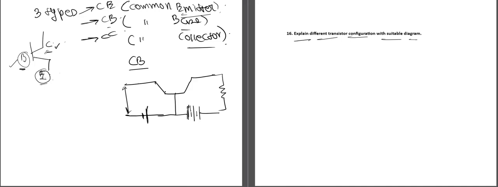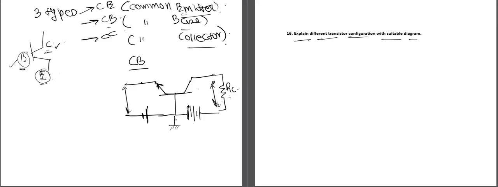So this is the CB mode of configuration. This is the base terminal, this will be the emitter terminal, and this is the collector terminal. The base terminal is connected to the ground. This is the collector resistance, and we are getting the output across this collector resistance.